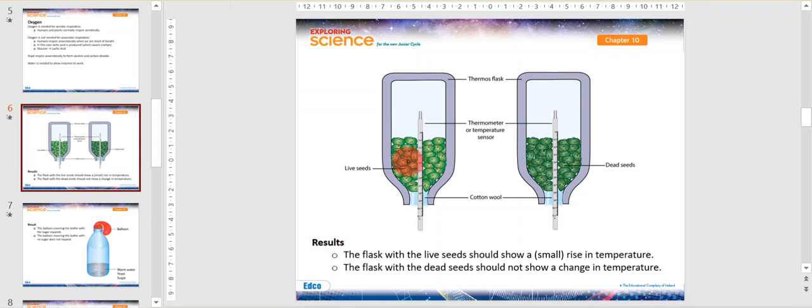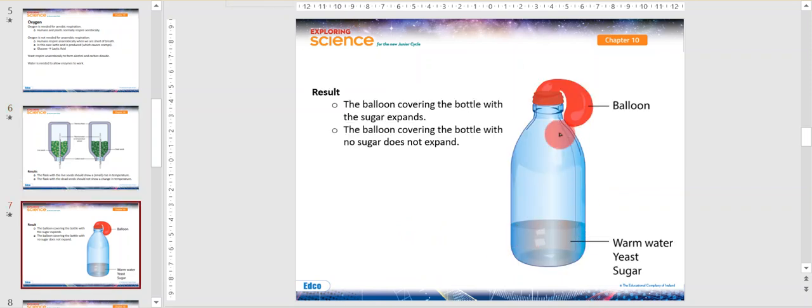So the results of this then will be the flask with the live seeds should show a small rise in temperature, and the flask with the dead seeds will not show any change in temperature over time. And that shows that the live seeds, when they respire, produce heat, whereas the dead seeds are not respiring. So therefore there's no extra heat being produced, and therefore the temperature doesn't change. So you'll see a slight increase in the temperature with these ones here.